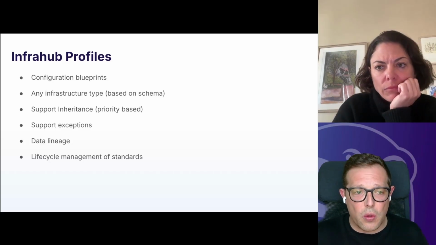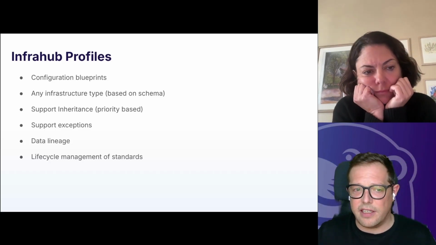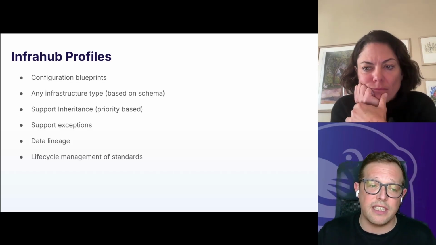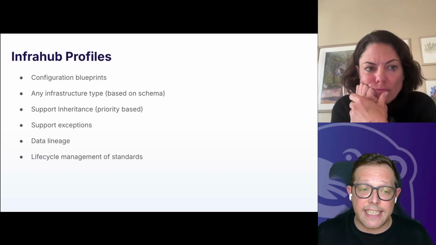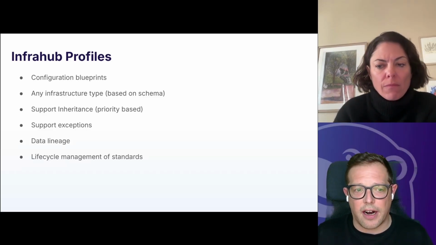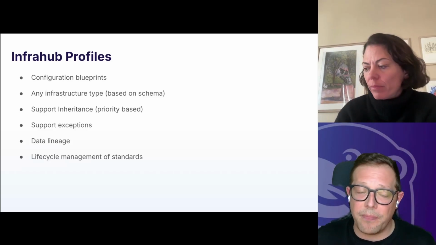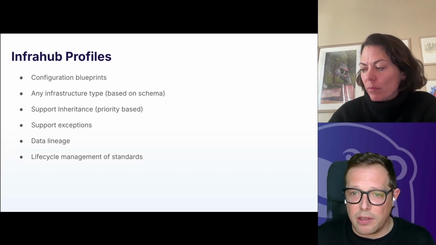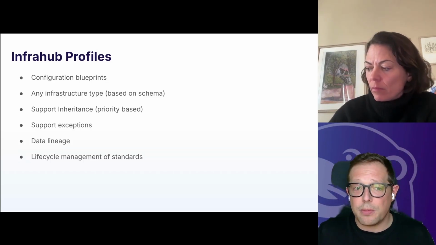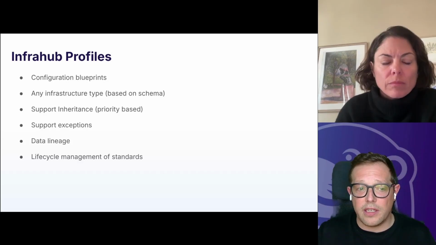Profiles also integrate nicely with the data lineage feature within Infrahub. This provides us a capability to understand where certain configuration settings are originating from. For example, when we think about a network device, we might define a specific NTP server on a device.